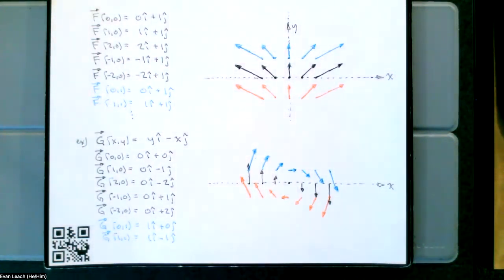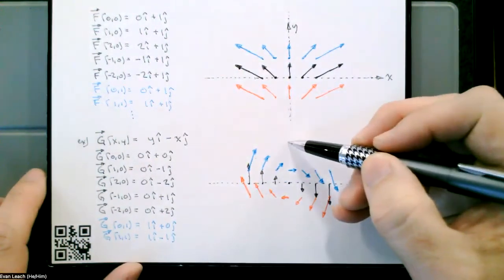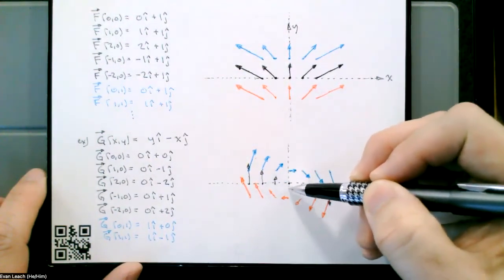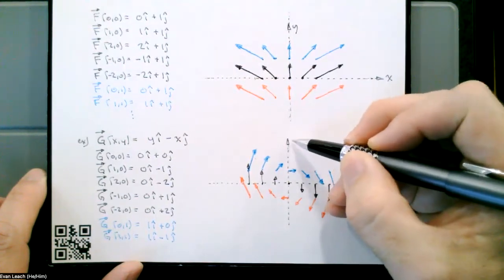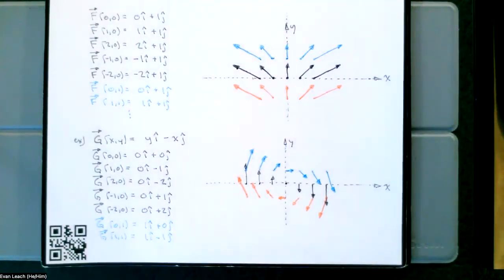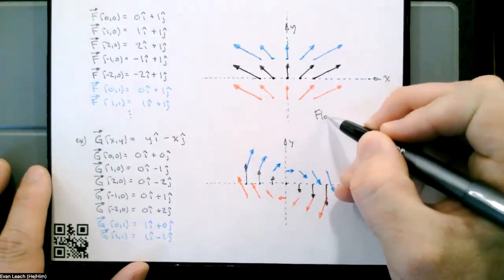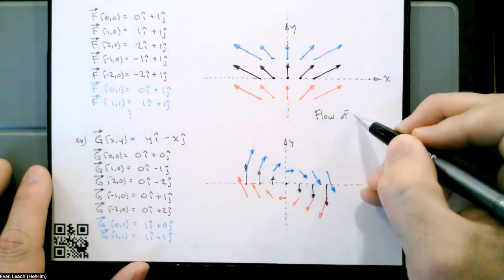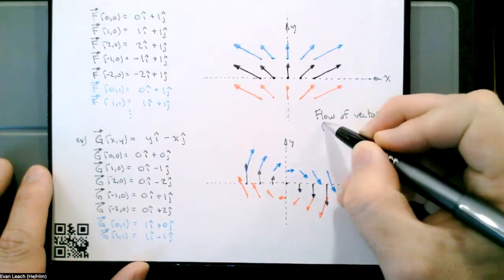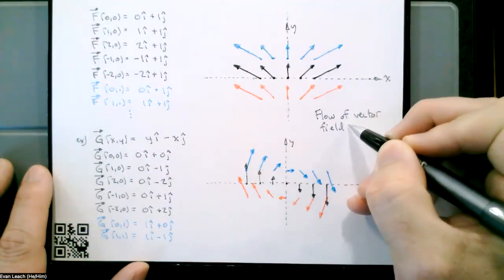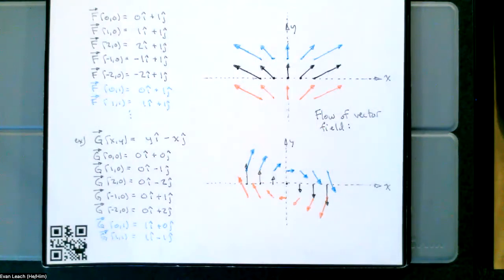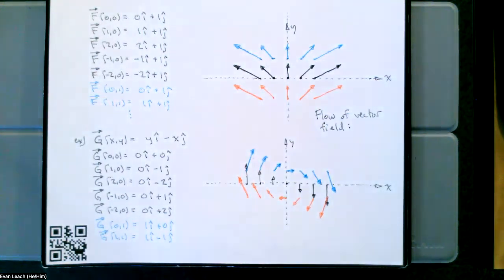We're going to want to think about the flow of the vector field. Some things that we want to think about. One of the things that we'll want to think about is, like I was talking about, the leaf on the water.